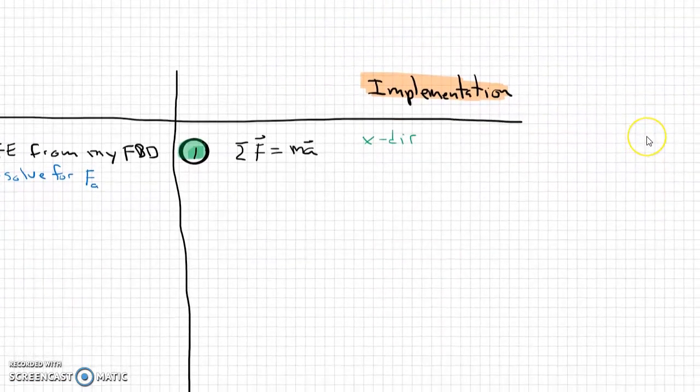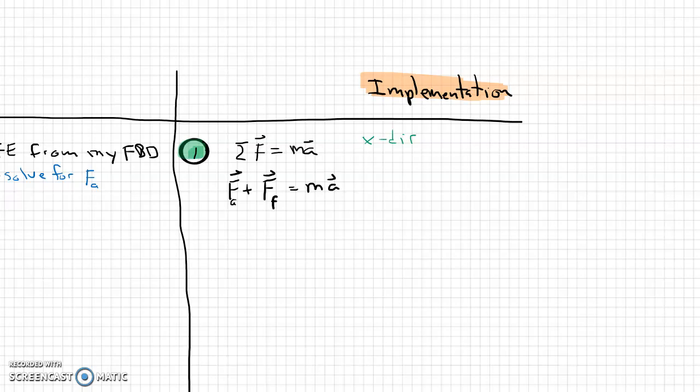So if I go down here and I substitute these two forces in, basically I am taking the applied force plus the force of friction. And that's equal to the mass times the acceleration. Now, just a reminder that in part A, the acceleration actually is 0.